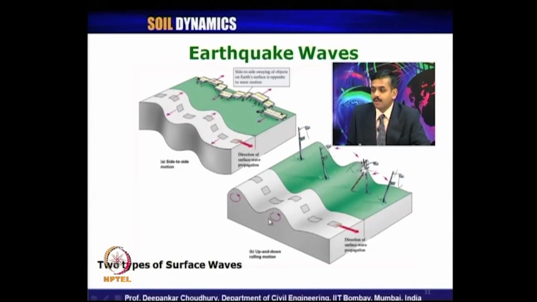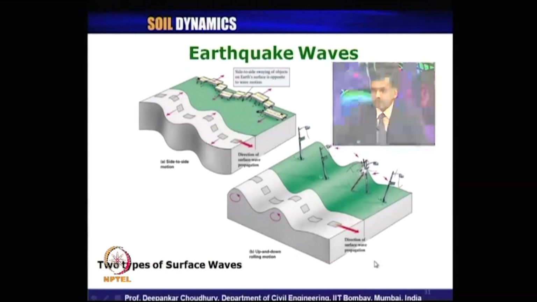It will give you a feeling as if you are traveling in a sea in a boat. So, as the waves come, that kind of rolling motion is experienced, and any structure constructed on the ground surface can roll and also upside down things can occur. So, this is the nature of destruction caused by the two types of surface waves.